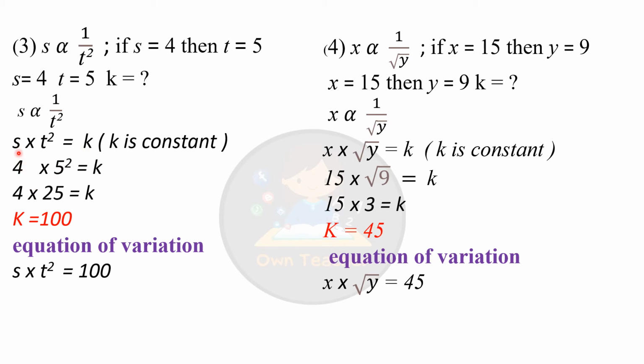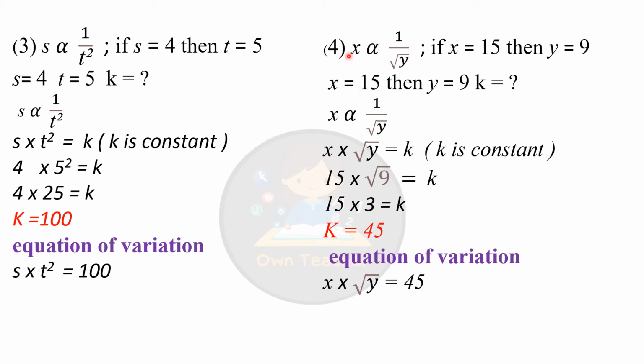So first we will put the value of S and T. Value of S is 4 and value of T is 5. So 4 into 5 square is equal to K. 5 square is 25. So 4 into 25 is equal to K. After multiplying, we get the value of K, that is 100. Equation of variation: S into T square is equal to 100.